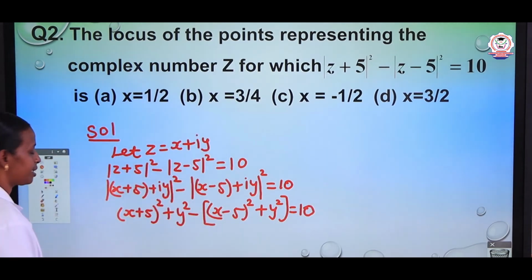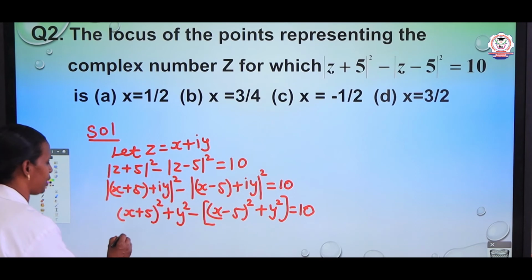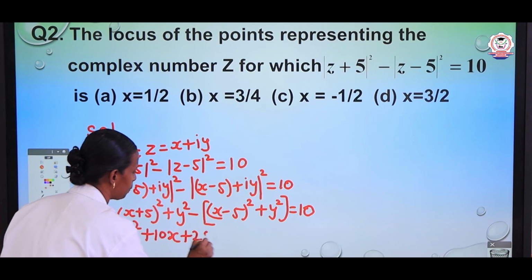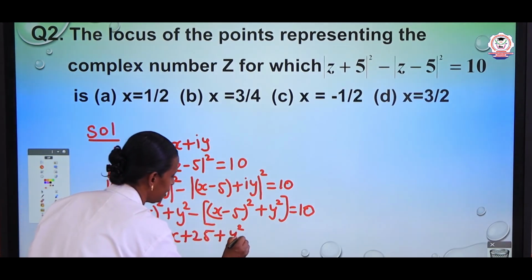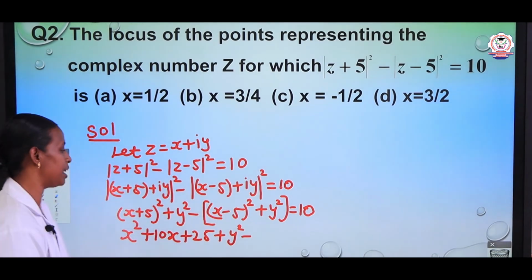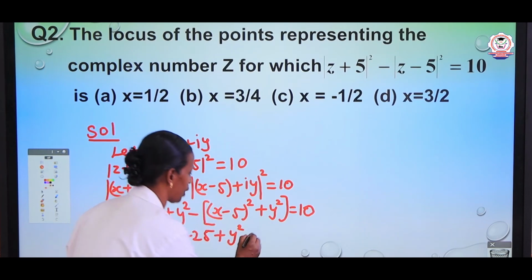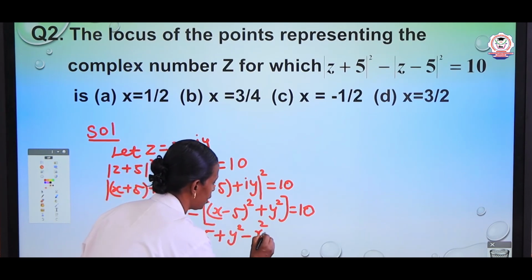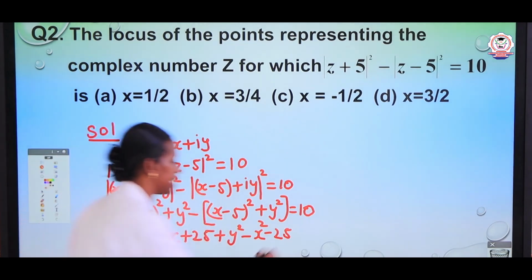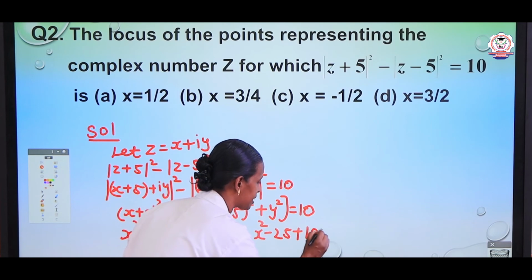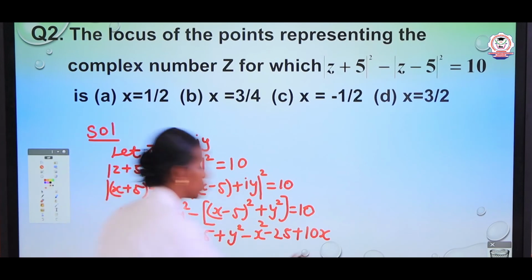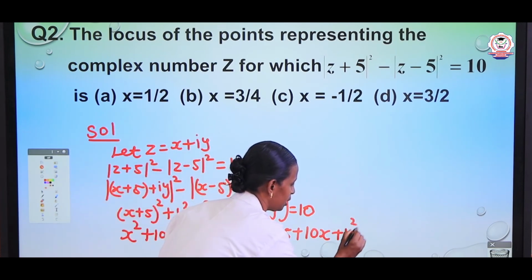So what is this one? This is a plus b the whole square, you know very well: x square plus 10x plus 25 plus y square. Then a minus b the whole square is a square plus b square minus 2ab, here minus is there, so you have to write minus x square minus 25, then the formula gives minus 10x, but here it is minus, so you write plus 10x, then plus y square equal to 10.